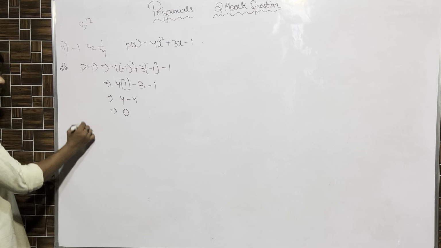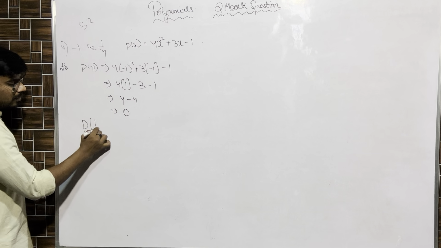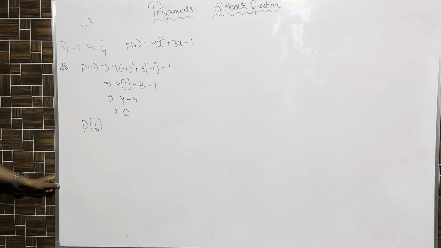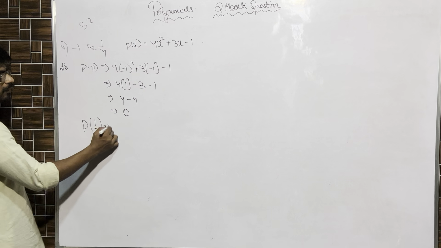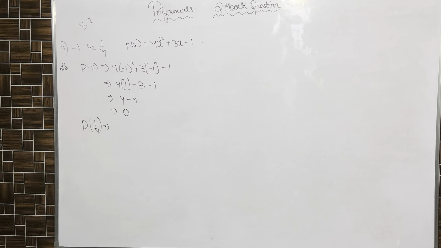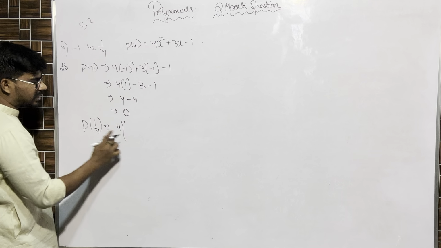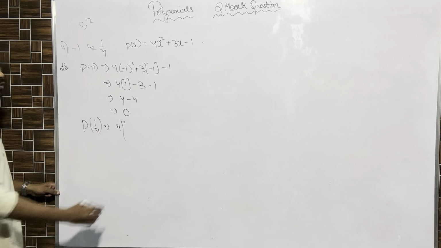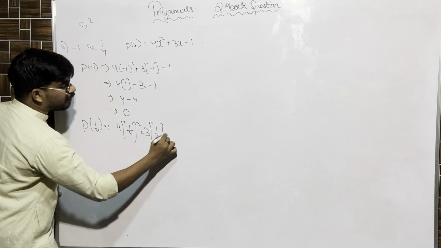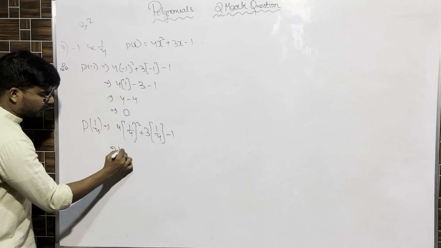Next, P of 1 by 4. Substituting 1 by 4 is a task here. Fractional number. You got to know. Very good. In the place of x, what do I have to write? 1 by 4. 4 into 1 by 4 whole squared plus 3 into 1 by 4 minus 1. So this 4 as it is.